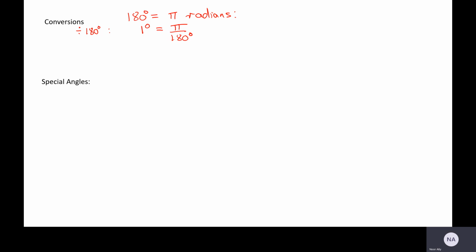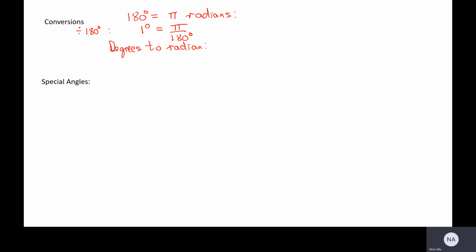Here we have the conversion from degrees to radian measure.